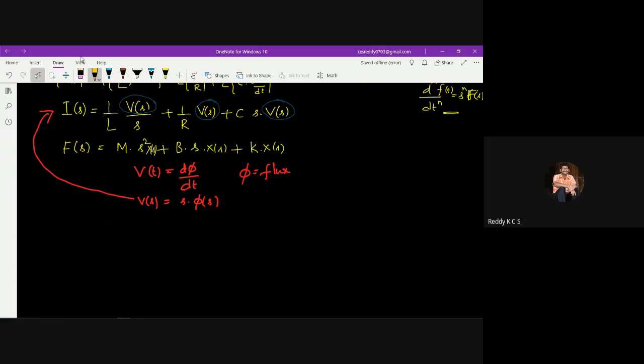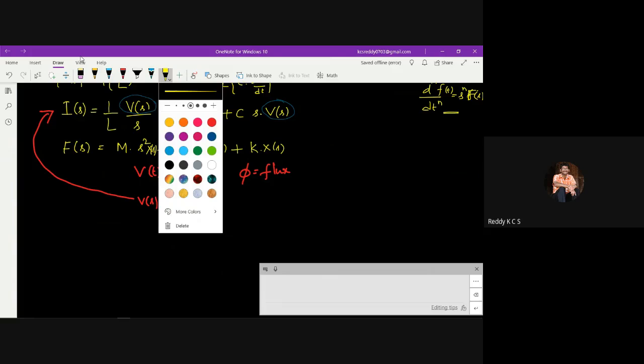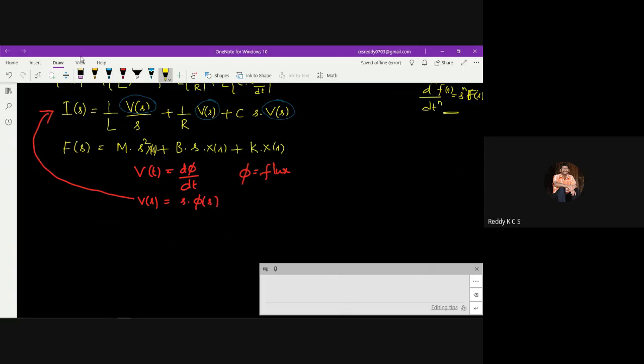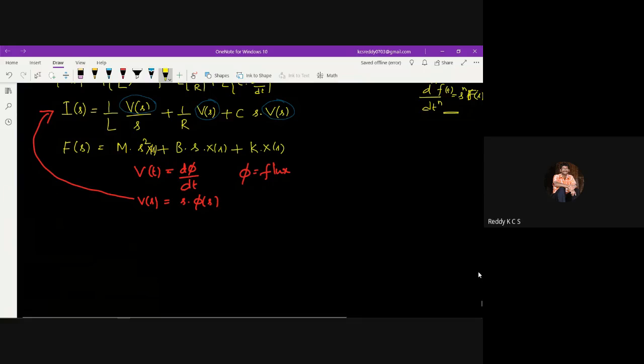That V of s value should be substituted in this equation. So now I write the I of s equation.